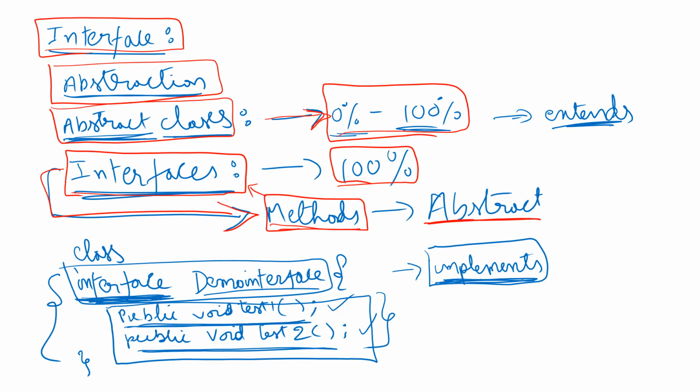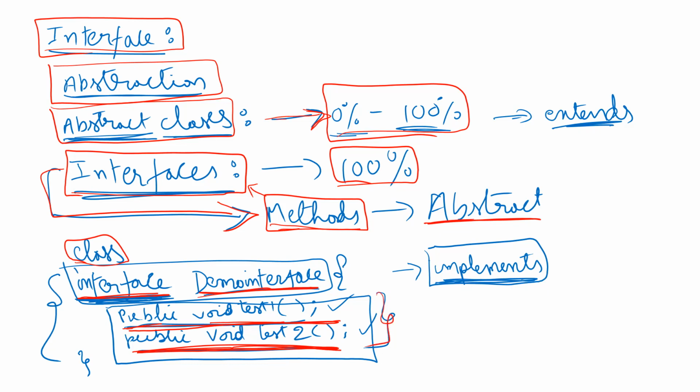So how do we declare an interface? An interface is like a class, but it is not a class. It starts with the keyword interface, and we give a name to that interface, and we declare the methods in the body of the interface, but we don't provide any implementation for those methods. We just say public void test1 and public void test2. So how do we get implementation for these methods?